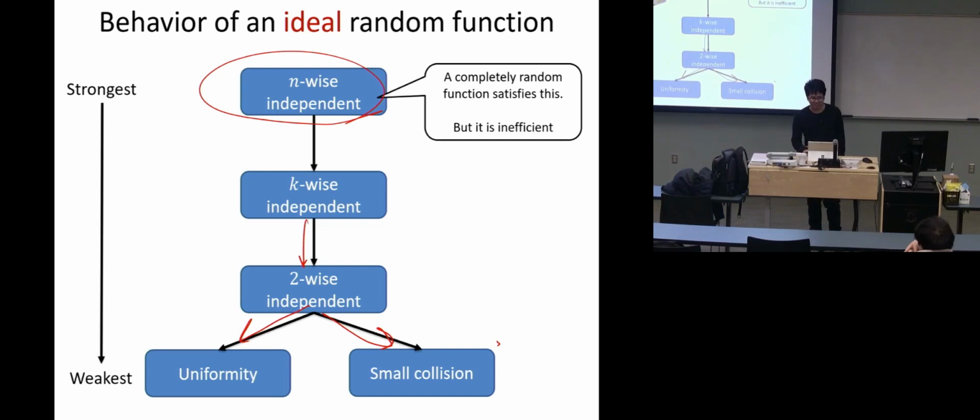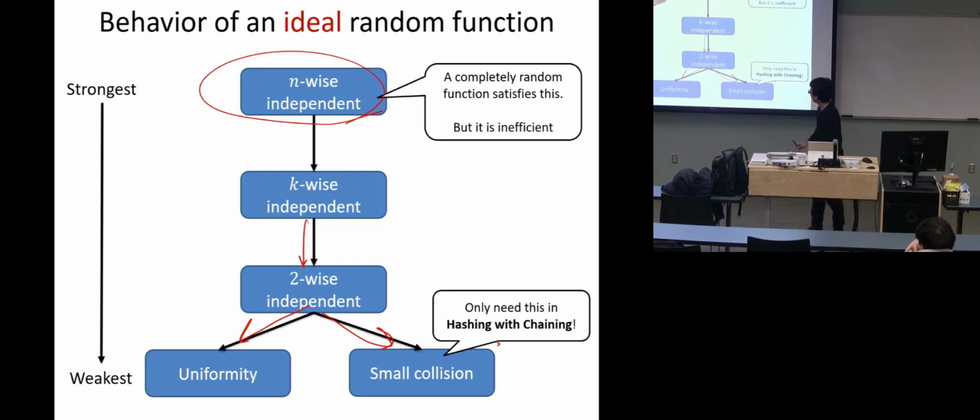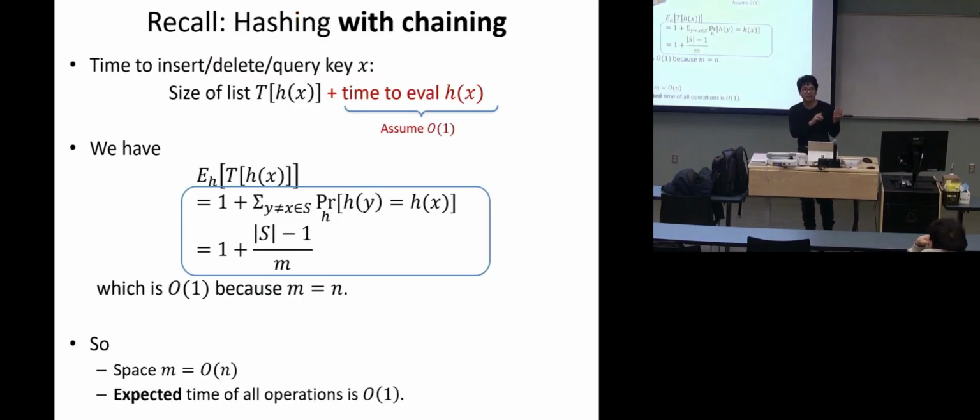But what do we need in our hashing with chaining? The property that we need is only here, way below here. Only small collision, not above there. Okay. So why is that? Because if you look back into the analysis, we only have this thing.